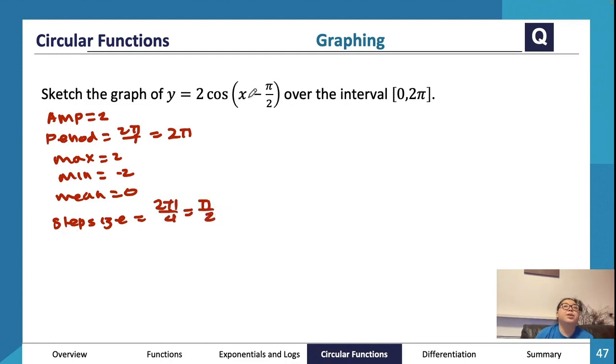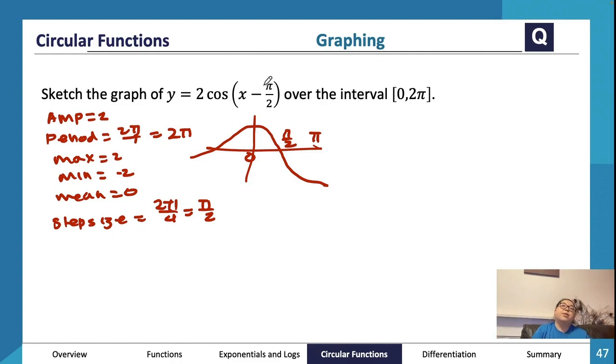Then I'm going to choose where it starts. So x minus pi on 2. If we consider the normal graph of what a cos graph looks like, it kind of goes like this, where this will be at pi, this will be at 0, and this is at pi on 2.